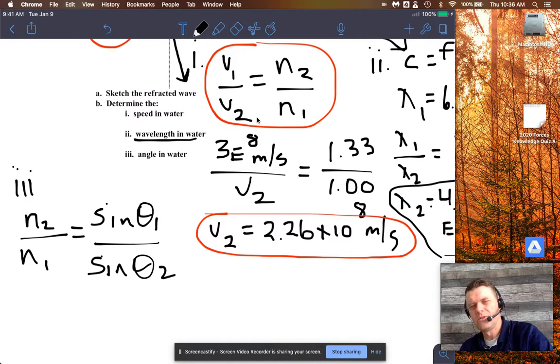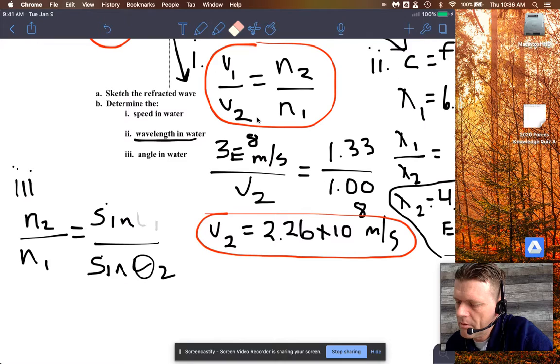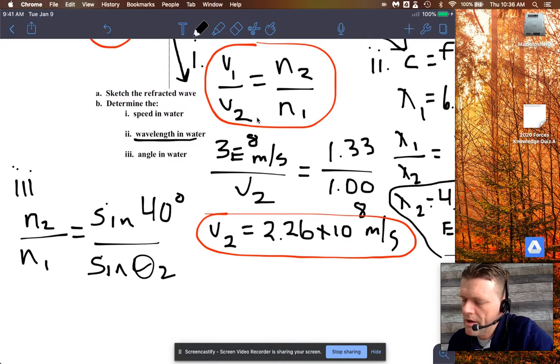So make sure your calculators are in degrees, and we already know the angle number 1, which is going to be 40 degrees, and I know that N2 again is 1.33, and N1 is 1.